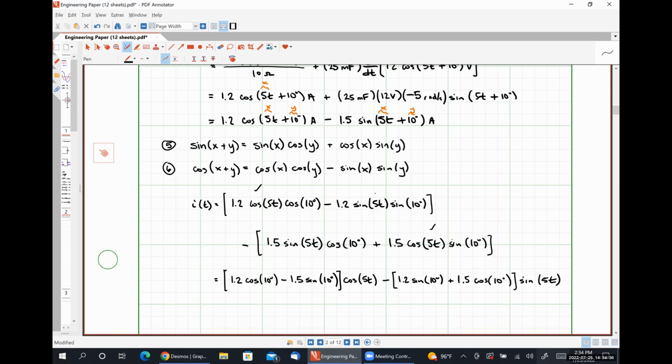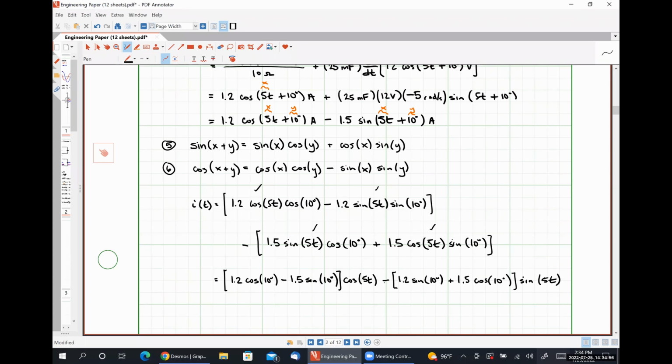I have negative 1.2 sine 10 degrees times sine 5t from this term, and I have an additional negative 1.5 cosine 10 degrees from this term. And then I'm just taking that negative sign out and distributing it on the left-hand side here.